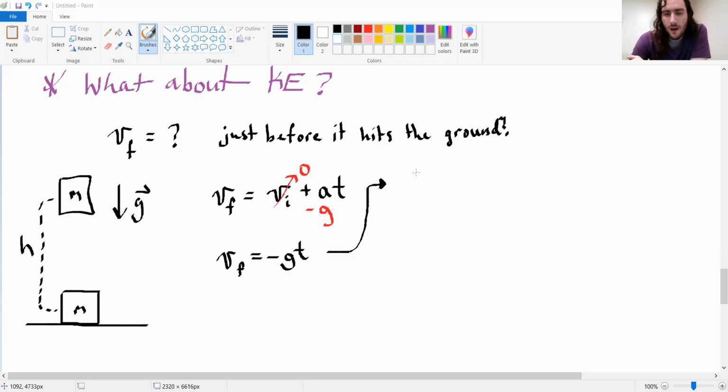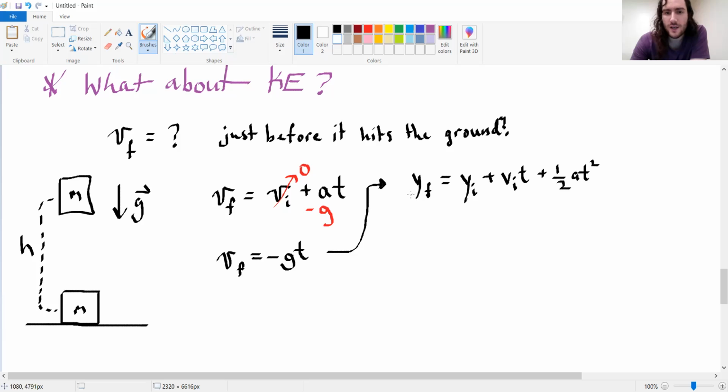Well, this object is a distance h above the ground. So actually, let's use y here for a second. y final is equal to y initial plus v initial times time plus 1/2 a t squared, right?